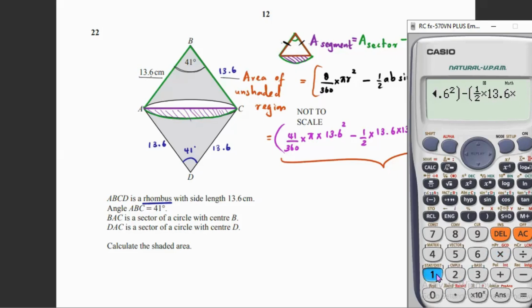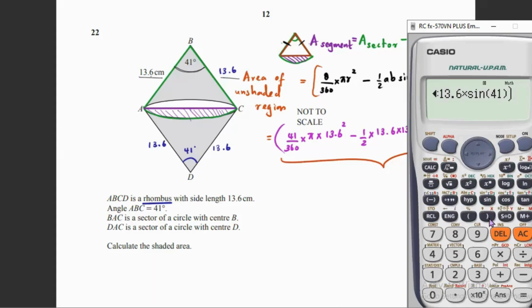B is also 13.6. I can write it as 13.6 times 13.6 or 13.6 squared, times it with sine C. So the angle is sine 41 degrees. So I'm going to close the bracket here, and this closes the bracket that we have here.